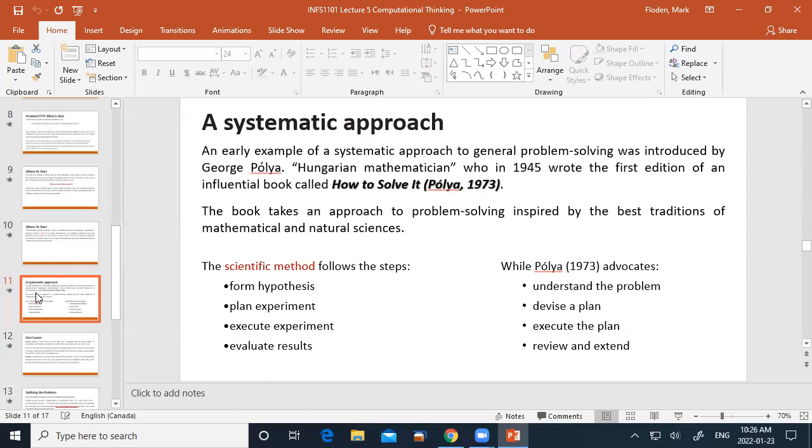So form a hypothesis means I noticed there's a phenomenon happening out there in the world, and I think this is the reason. That's my hypothesis. So how can I show that what I think is the reason is the reason? Well, I'll design some experiments to show that this couldn't be the reason.